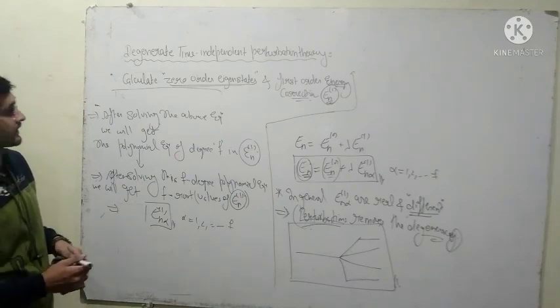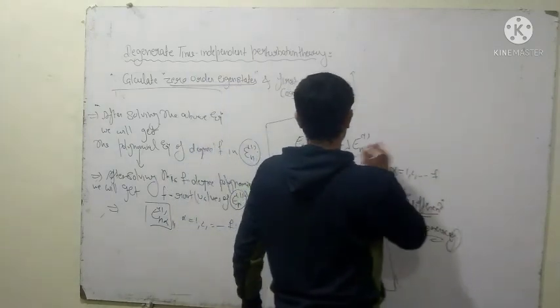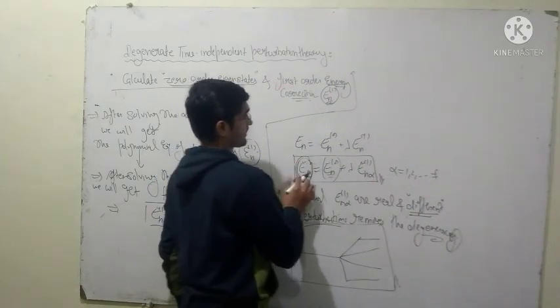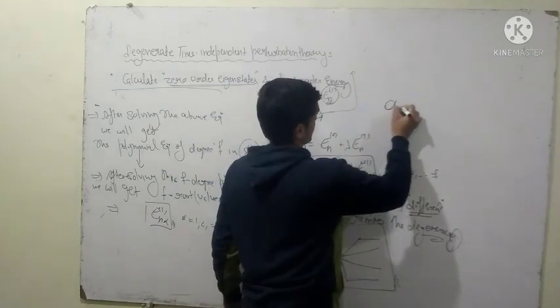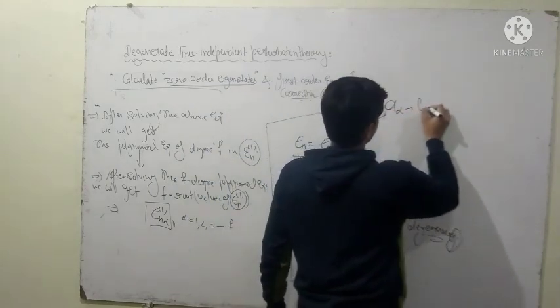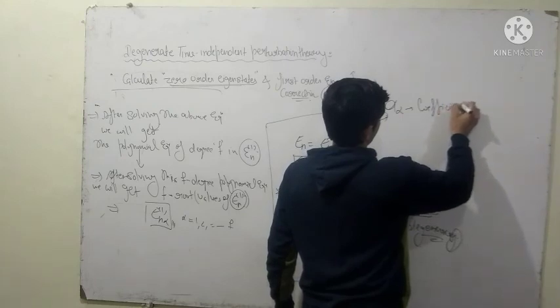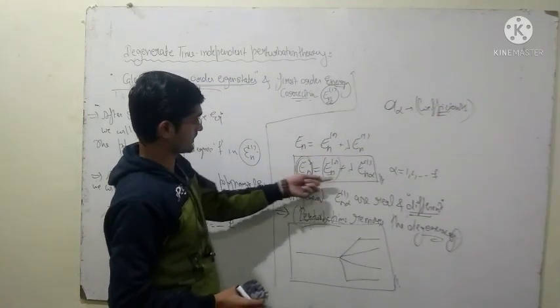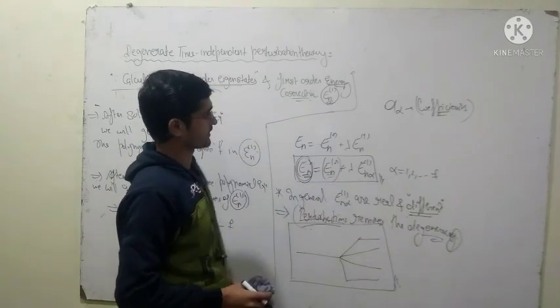One more thing. After getting this quantity En, we can get these A alpha coefficients. We can get these only if we know the first order corrections.